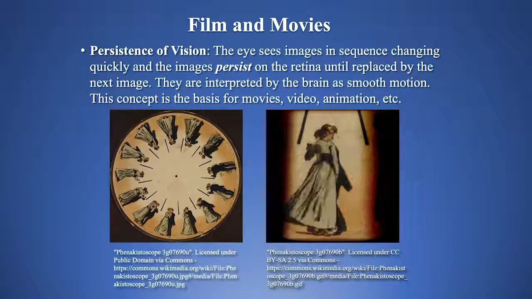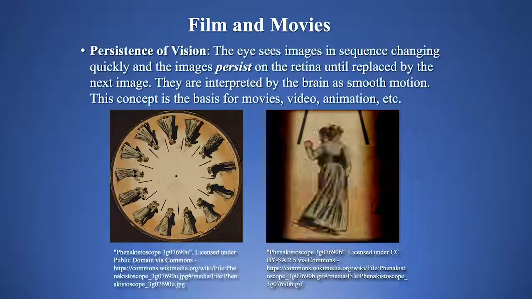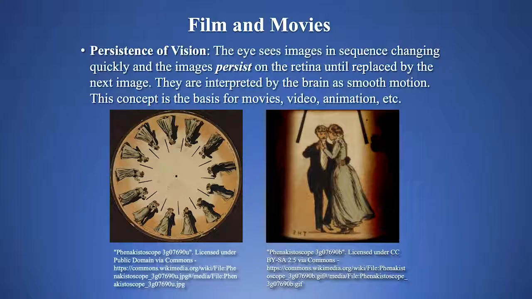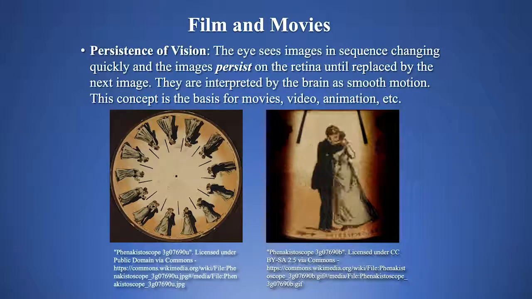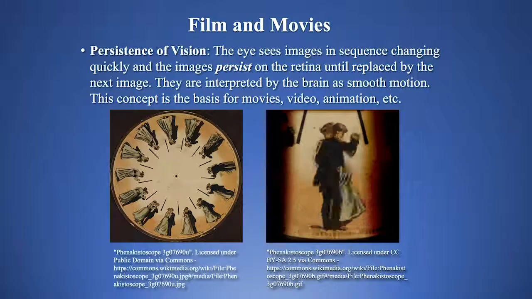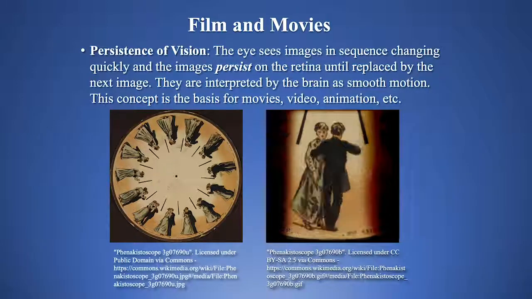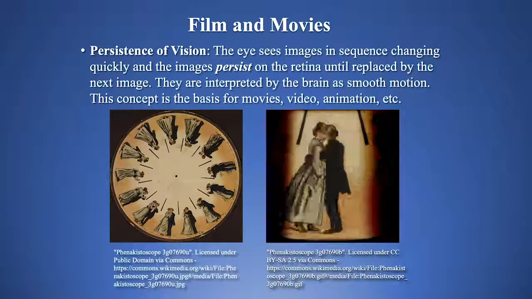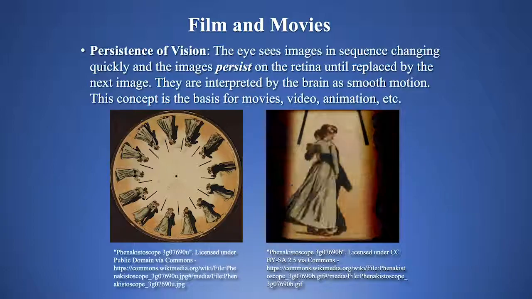Now, some important terms for films and movies. Persistence of vision. The eye sees images in a sequence, changing quickly, and the images persist on the retina until one is replaced by the next image. They are interpreted by the brain as smooth motion.